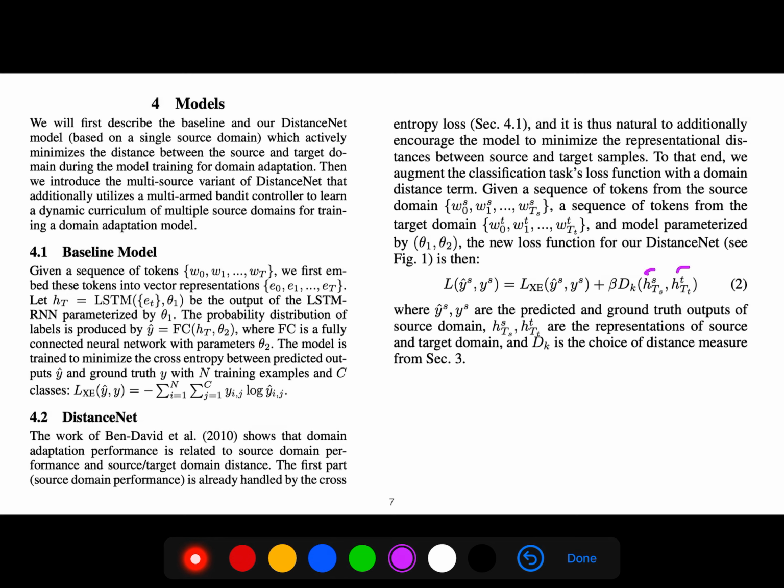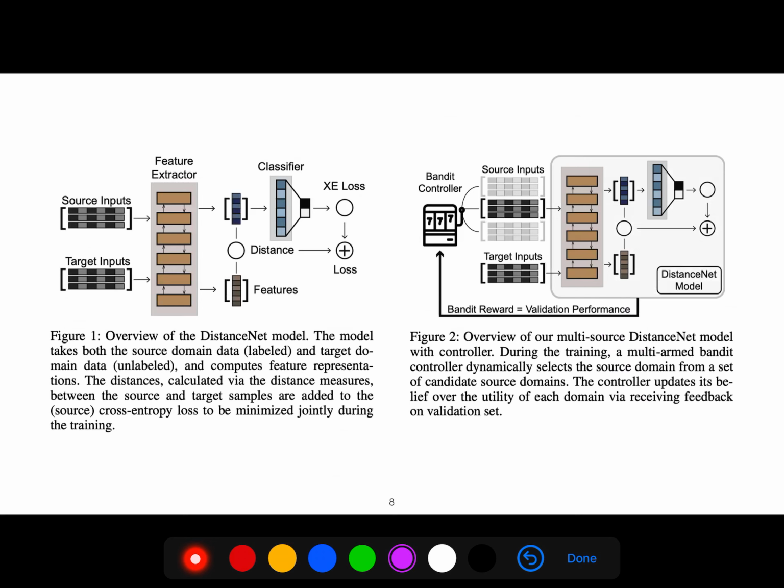To that end, we augment the classification task loss function with the domain distance. So this is the domain distance, and it depends on your choice of distance measure which domain distance you want to choose.